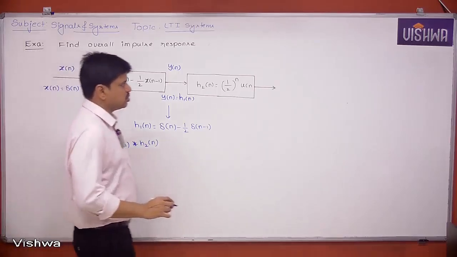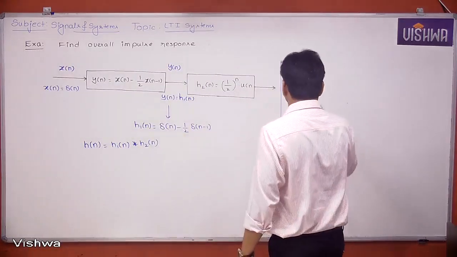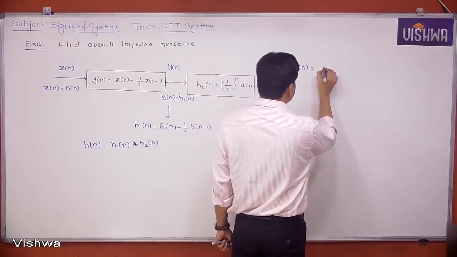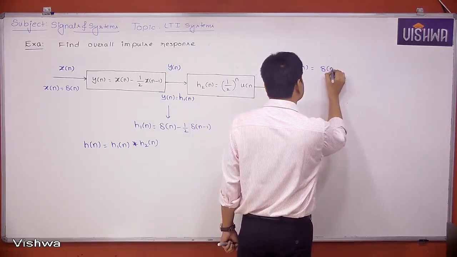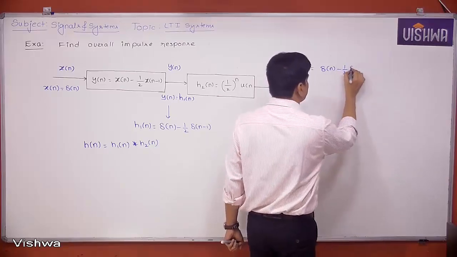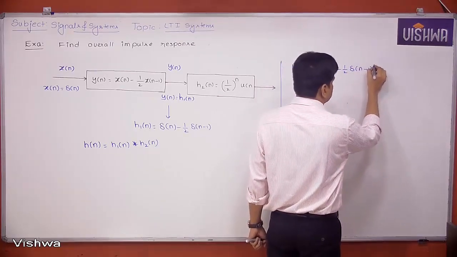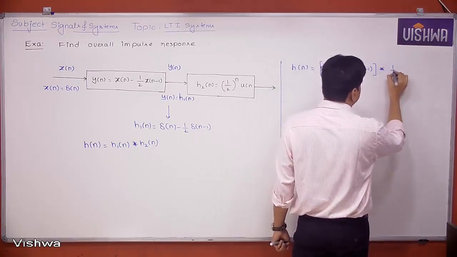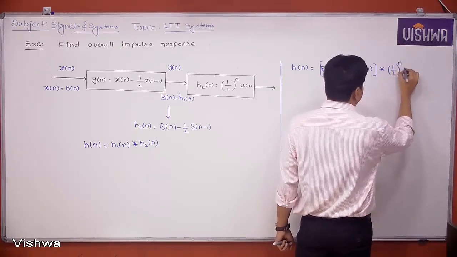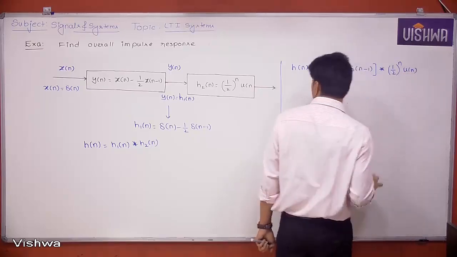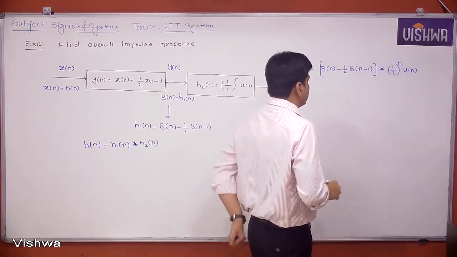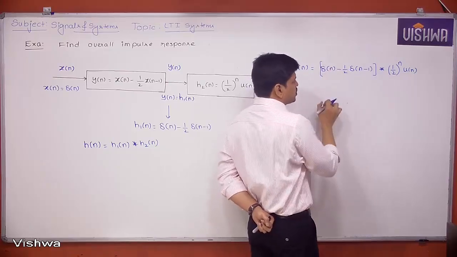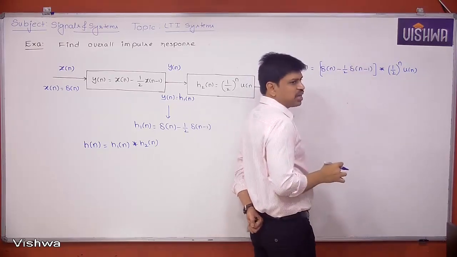So I am taking h of n equal to h1 of n, which is delta n minus 1 by 2 delta n minus 1, convolved with 1 by 2 whole power n u of n. Now let's see, because convolution is distributive, first I will do the convolution with the impulse, next I will do the convolution with delta n minus 1.